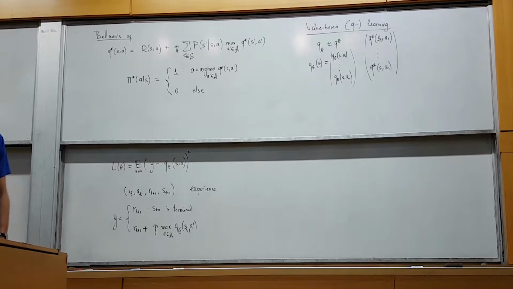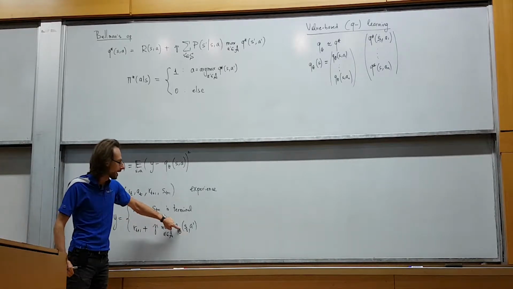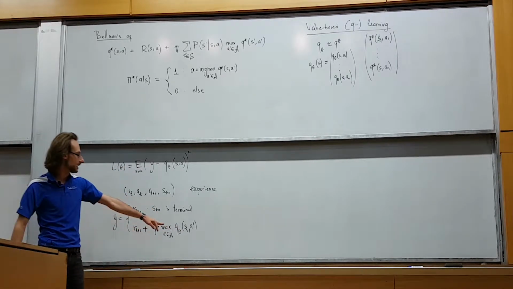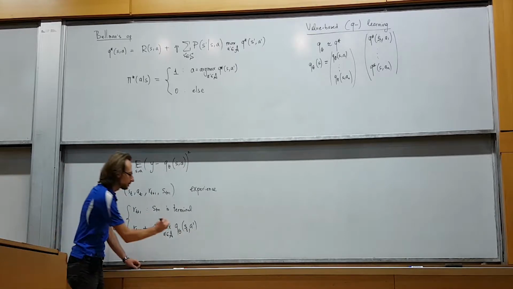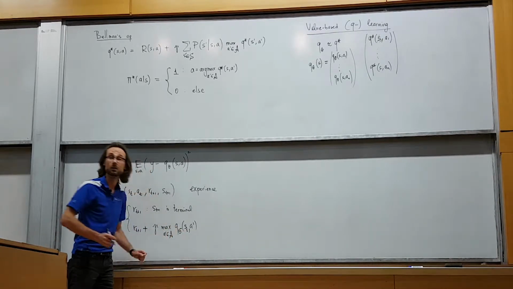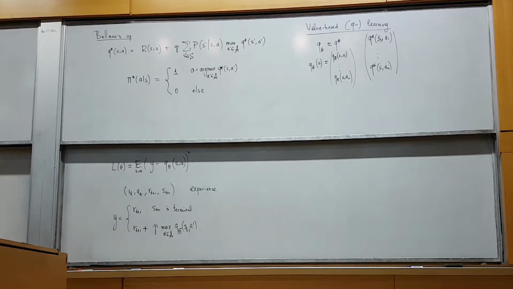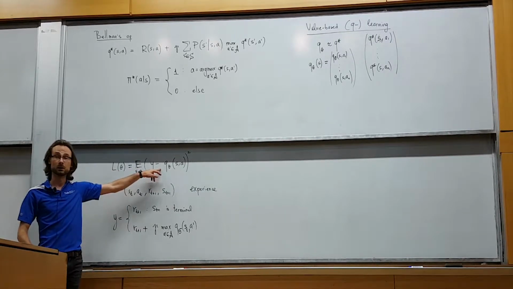So I'm taking basically this greedy step. I'm maximizing Q theta. Now, remember that we wanted Y to be independent of theta. Currently, the way it is written, it depends on theta. So let me write theta minus to indicate that we are freezing theta. For the purpose of computing Y, we are freezing theta at its current value, and then when we are doing a gradient iteration, Y is constant.